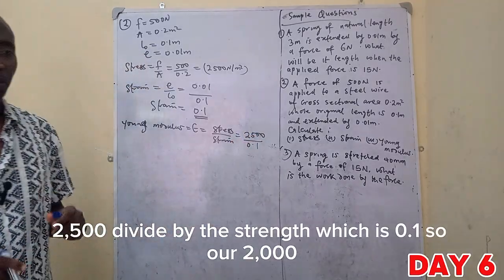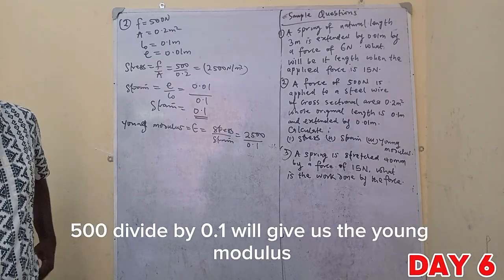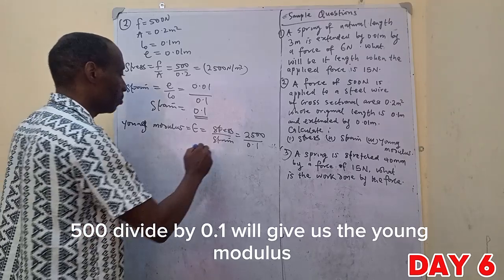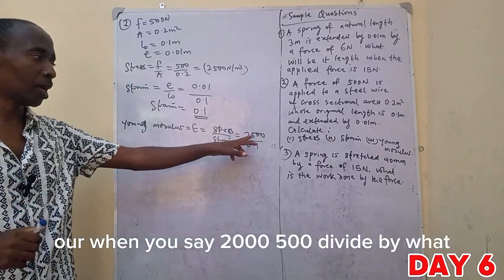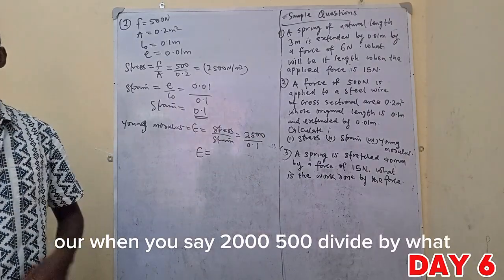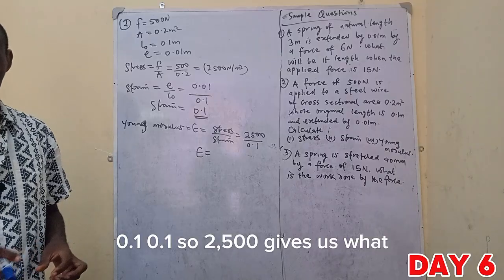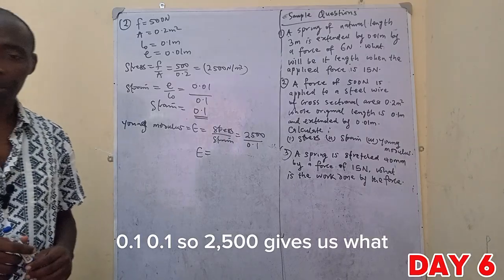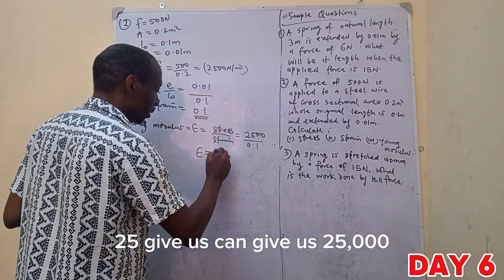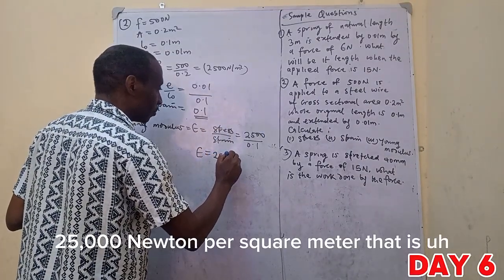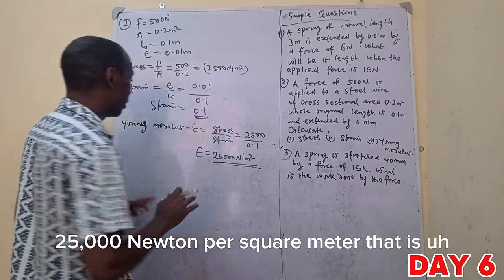So 2,500 divided by 0.1 gives us the Young modulus. 2,500 divided by 0.1 gives us 25,000 Newton per square meter. That is the value for that.